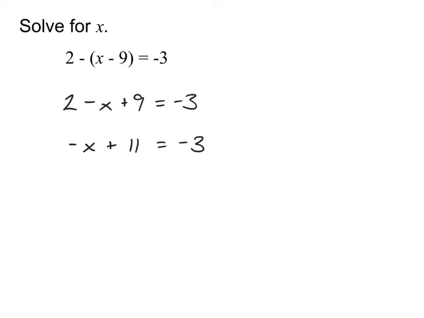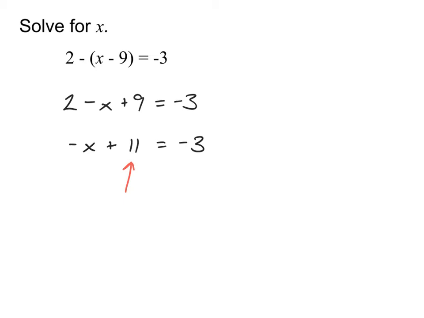As a side note here, if you were thinking you would instead write it as 11 minus x, that's perfectly fine. That would also work. However, your next step will be the same as what I'm about to do. And I find that if I write it like this, it's a little bit easier to tell what to do next. Because I want to now leave the x behind, which means getting rid of the addition first. So I have to get rid of the 11.